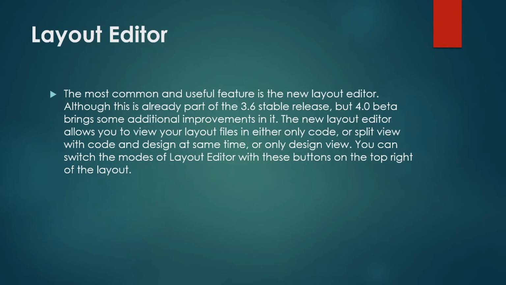You can switch modes with these buttons at the top right of the layout. In the previous version of Android Studio, there was only one button that could show you only two things, like your blueprint and design, but 4.0 shows you three buttons: only design, only blueprint, only code.